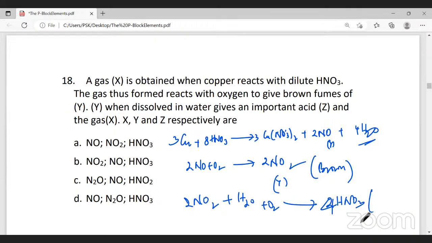This is Z, nitric acid is Z. So therefore, the answer for this question is option A, NO, NO2, and HNO3.